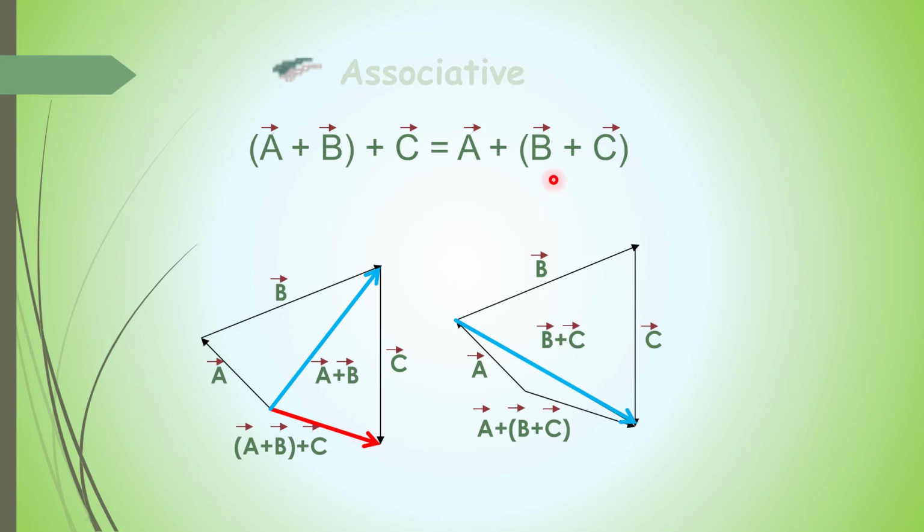Now to b plus c we have to add a, so b plus c plus a. So what is our resultant? A plus b plus c. You can see the same resultant over here. So it doesn't matter what the order is, the associative property also holds in vector addition.